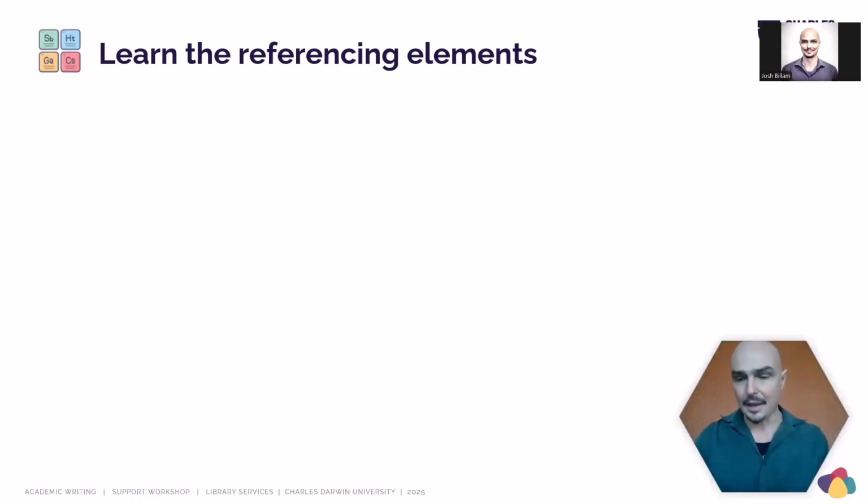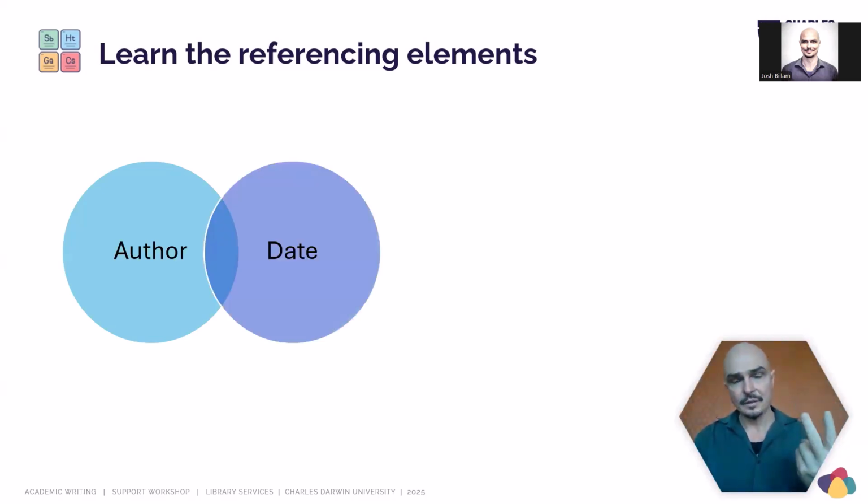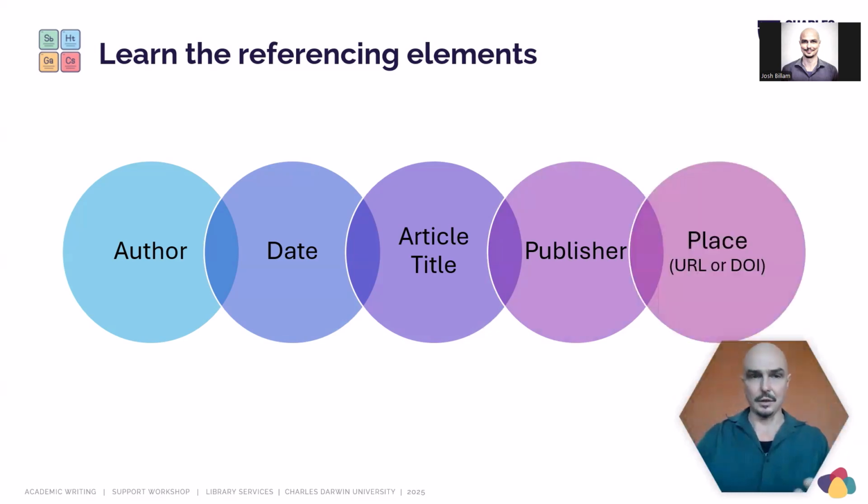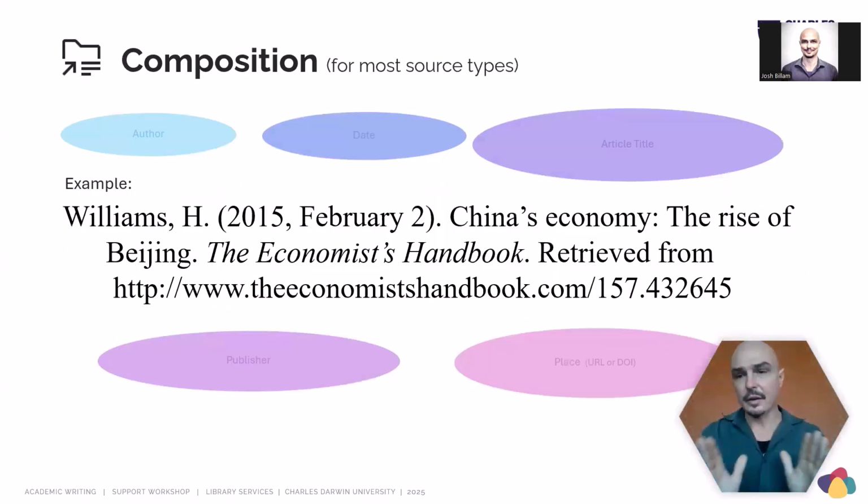So the main elements for an APA 7 source, the things that you should remember, are author, date, article title, publisher, publication, that's like the magazine or the journal name, and the place that you got it, which is usually a URL or a DOI. Those 5 elements are basically what comprises an APA 7 reference.